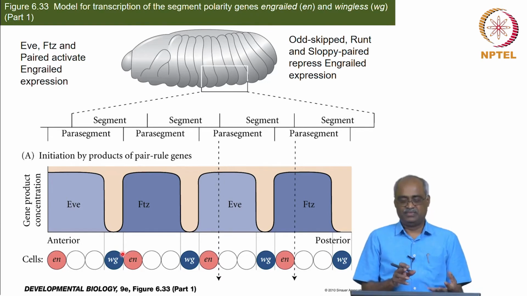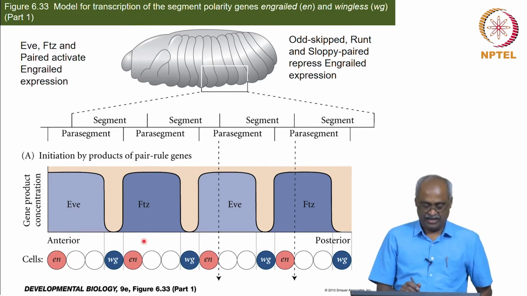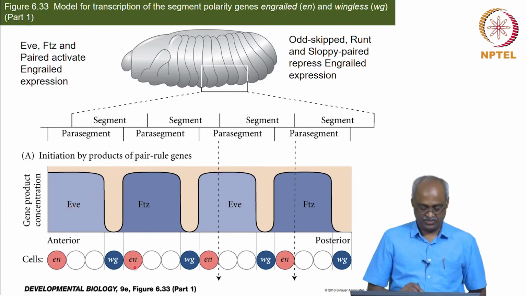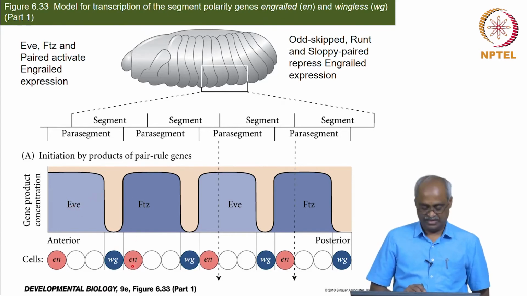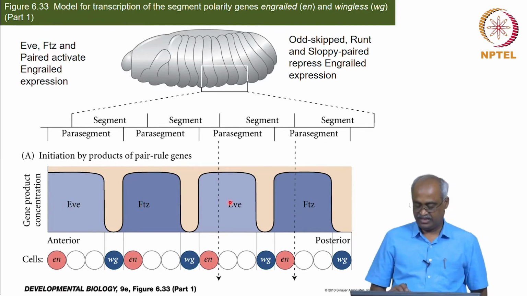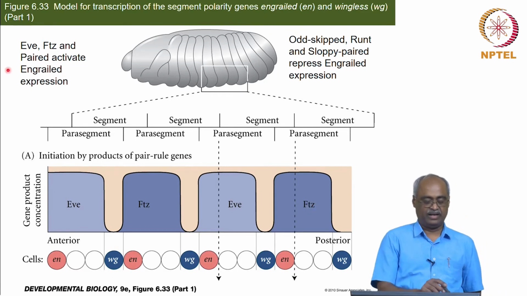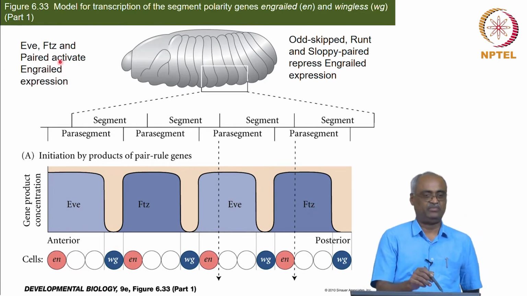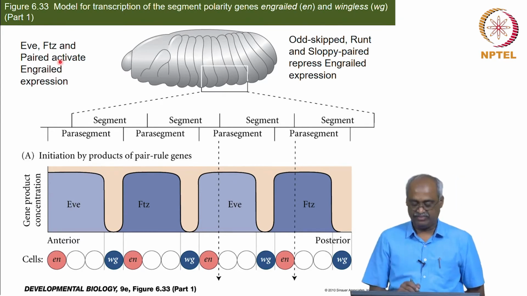Under that condition, the regions that have high FTZ or even-skipped end up expressing engrailed. For example, engrailed is expressed here where FTZ is high, here Eve is high, here again Eve and FTZ, and another one, paired. Any one of these 3, if they are high, is going to activate engrailed.